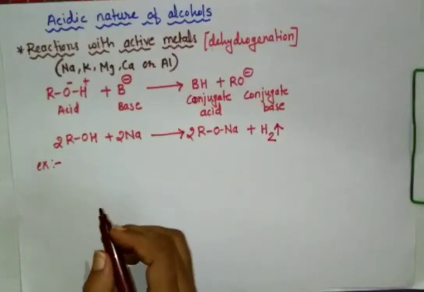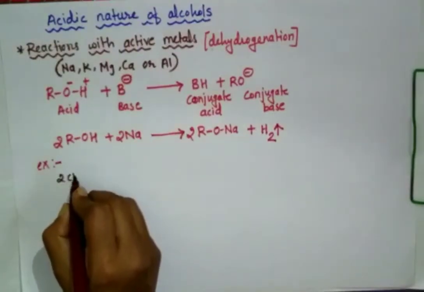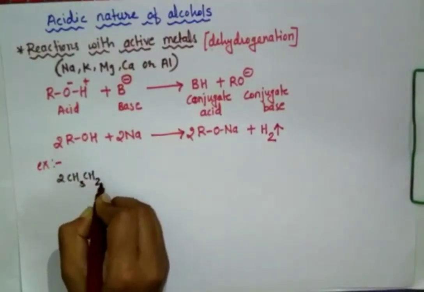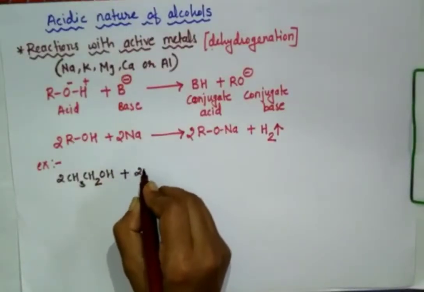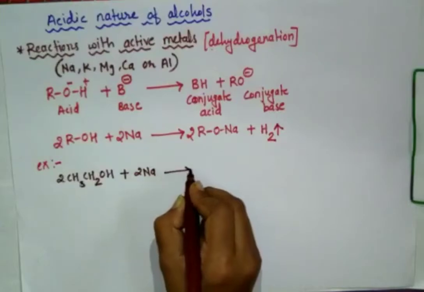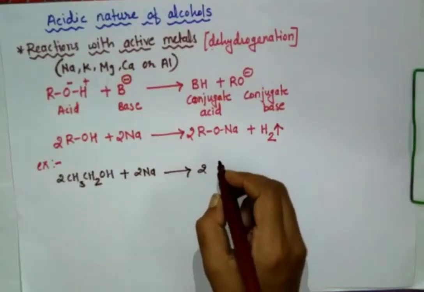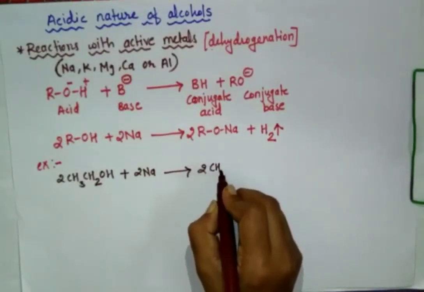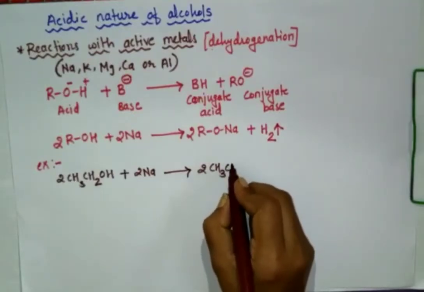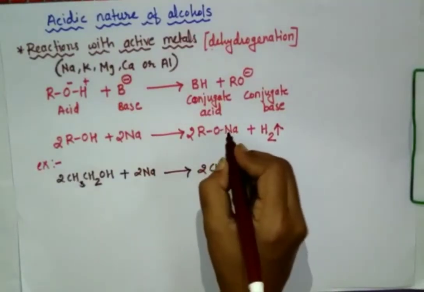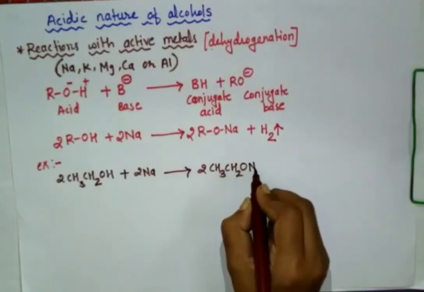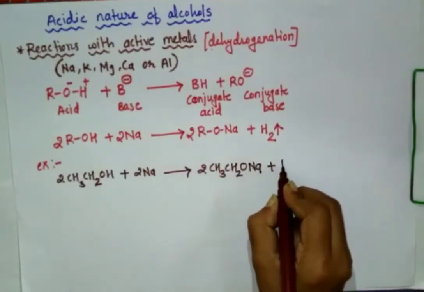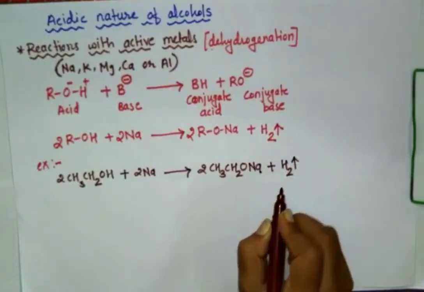So ethanol, that is 2 molecules of CH3CH2OH, when it reacts with sodium, it takes 2 sodium, and it will give us sodium ethoxide. This is sodium alkoxide, and since we have taken ethanol, it is sodium ethoxide, and there is removal of the hydrogen molecule.